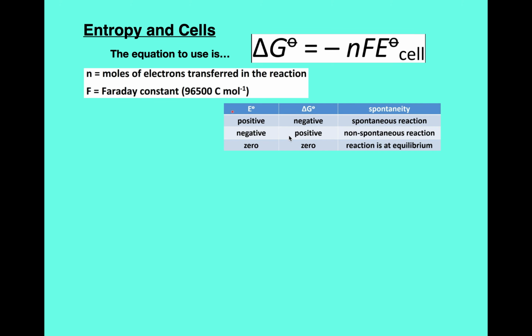Okay, so let's have a little look just to summarize this. If E cell is positive, delta G is negative, so the reaction is spontaneous. If E cell is negative, delta G would be positive, so it wouldn't be spontaneous. And if E cell is 0, delta G is going to approach 0. The reaction can be at equilibrium. It can reach an equilibrium.